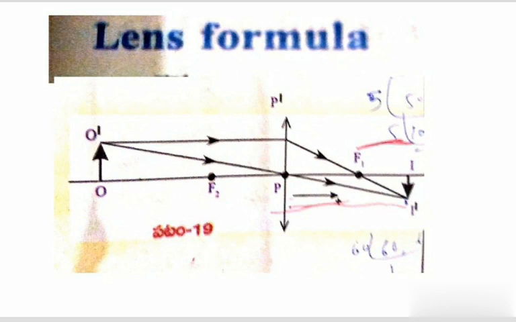The ray starting from O dash and passing through the optic center P will meet the refracted ray, that is the first ray, at the point I dash.